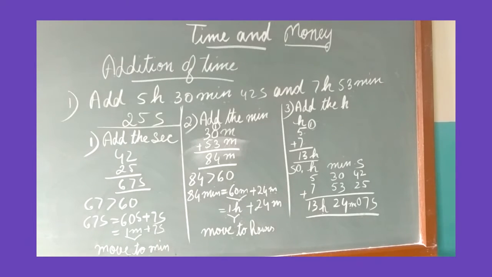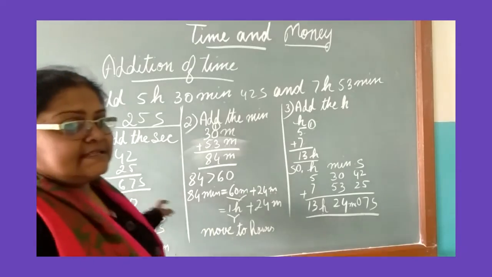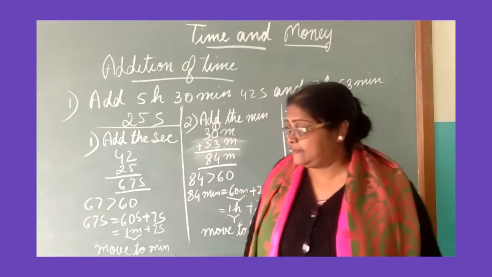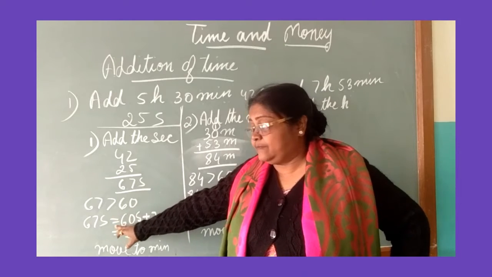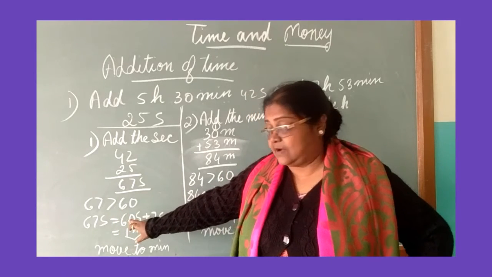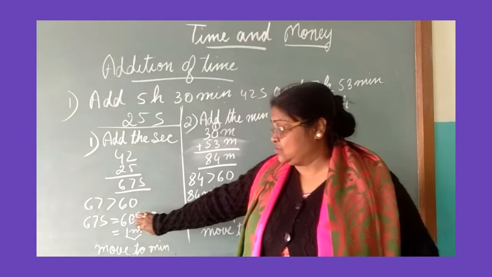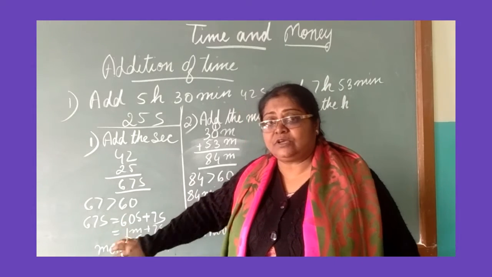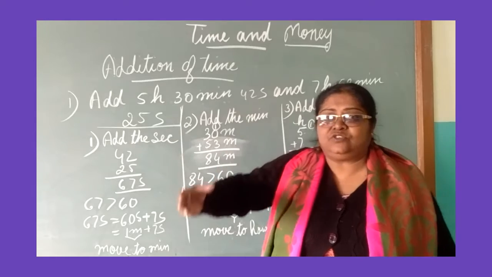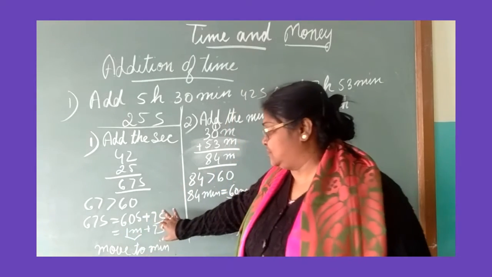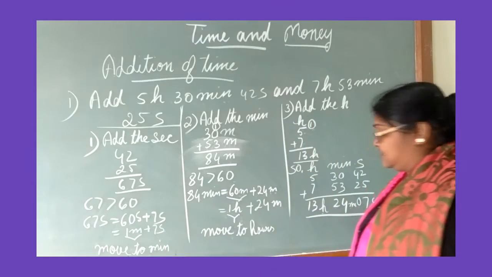You know that there are 60 seconds in a minute, so 67 is greater than 60 second. So you have to break this: 60 second plus 7 second. This 60 second will move to the 1 minute. In second we have written only 7 second here.